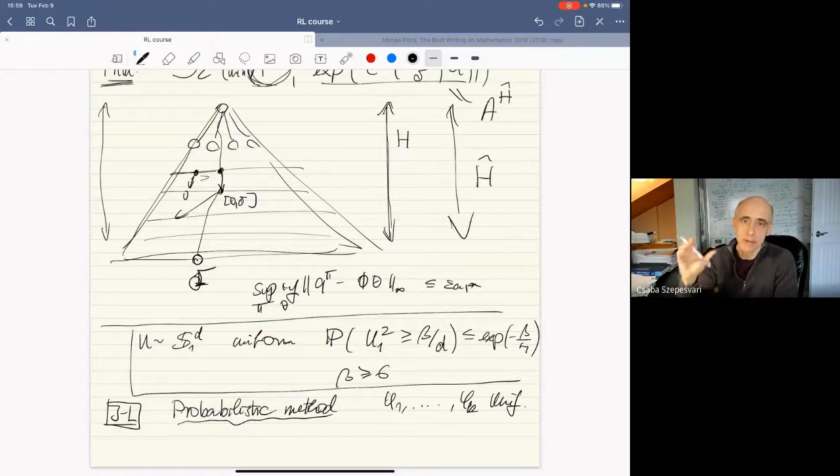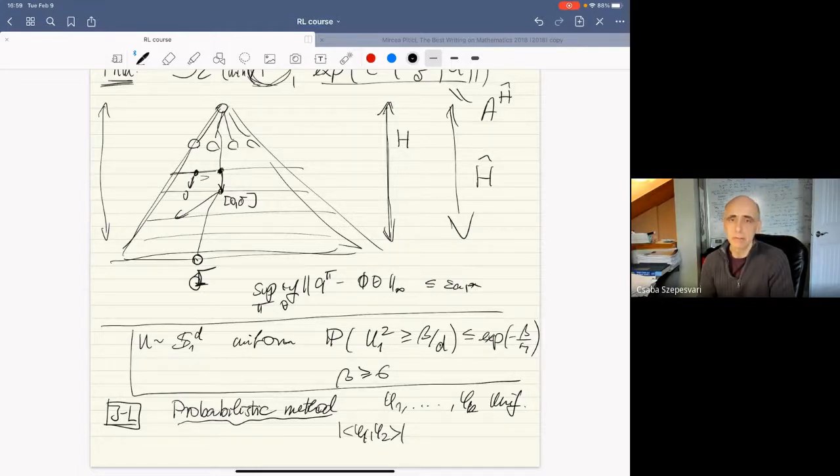And then you argue by symmetry that, well, they have unit norm, that's fine. And then you have to argue about the inner product. Without loss of generality, it's enough to argue about the inner product between phi1 and phi2, let's say. And then you want to argue that all of these are going to be small.